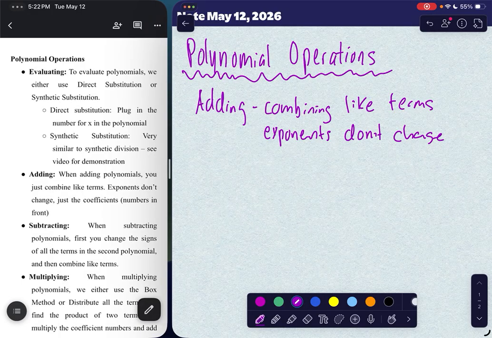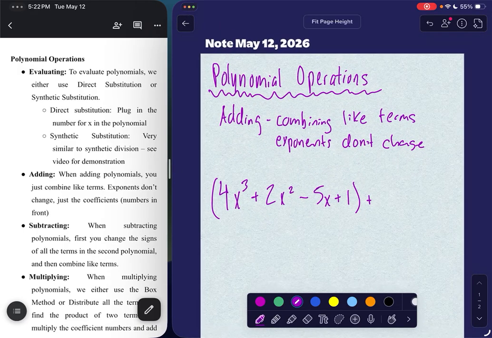So let's see, if we have something like 4x to the 3 plus 2x squared minus 5x, just x, plus 1, right, all of that, plus, let's say, 2x to the 3 plus 4x squared plus 2x plus 3, right?